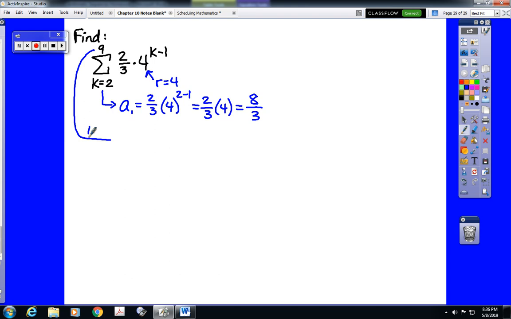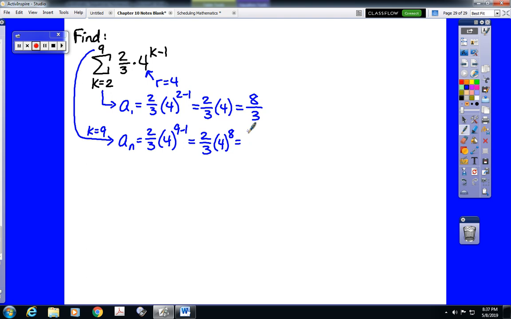If we plug in the top number, k equals 9, we will get the last term. So 2/3 times 4 to the 9 minus 1 power would be 2/3 times 4 to the 8th power, which would be 2/3 times 65,536.